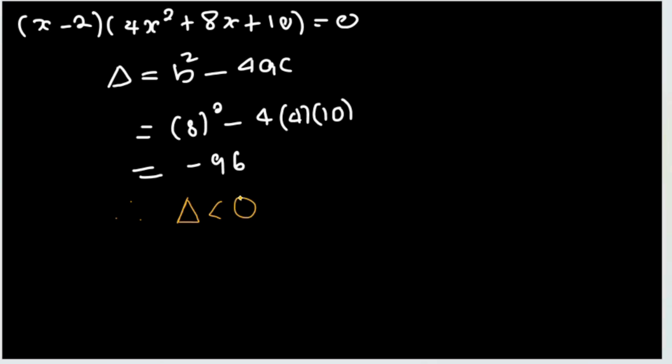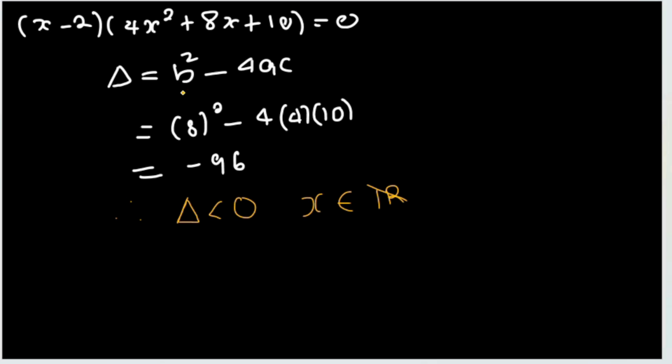So what does that say? It says that all the values of x from here are non-real. We cannot possibly identify or give values.